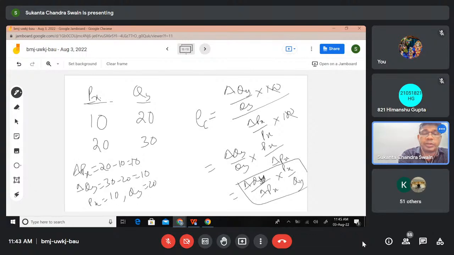So if you put the values over here, del Qy, that is 10, by del Px, 10, into Px 10 by Qy 20. So it is coming 1 by 2, 0.5. Is it clear? Yes, sir.